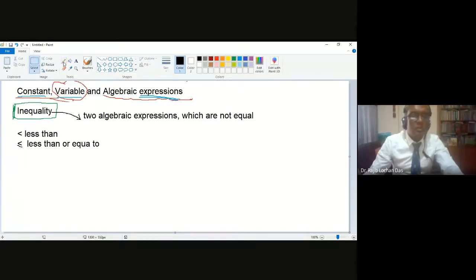I did not write equal, so let me write equal to.